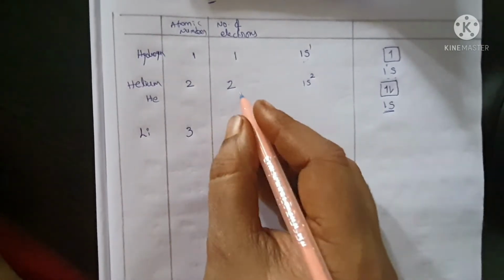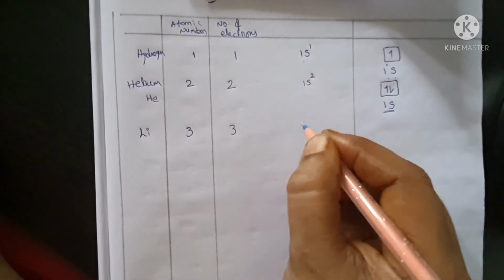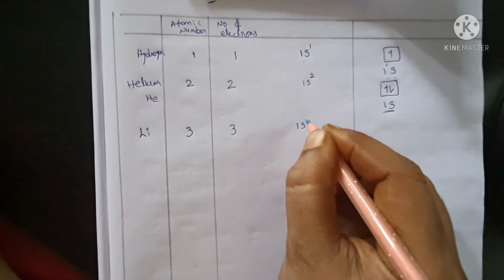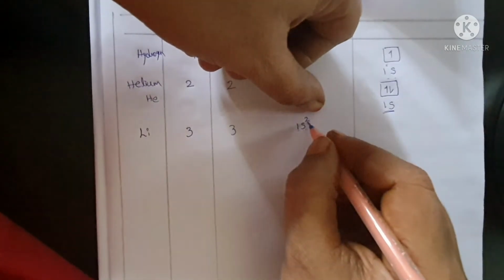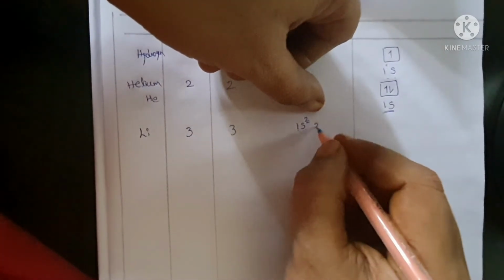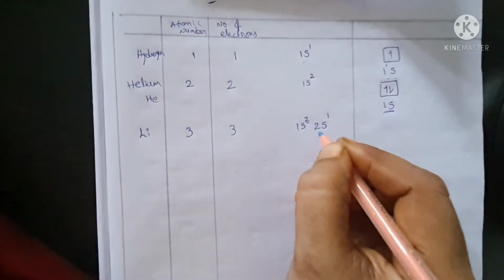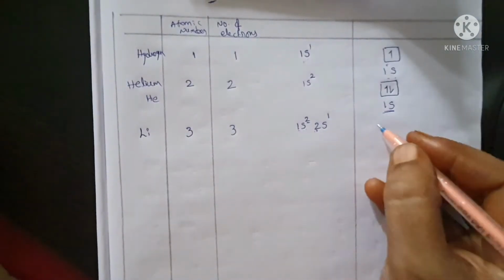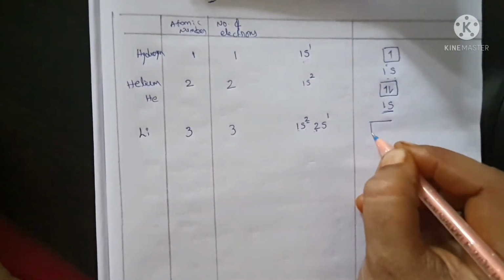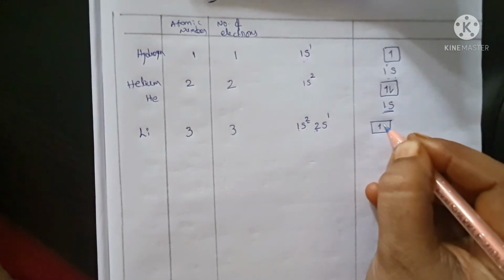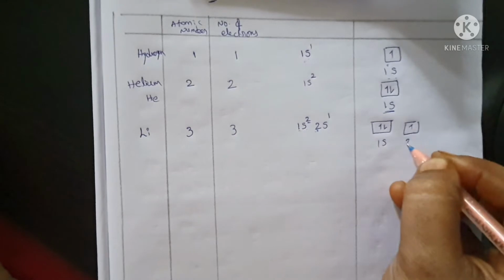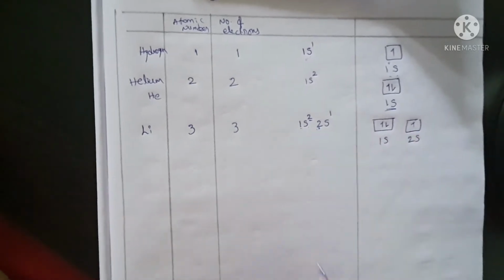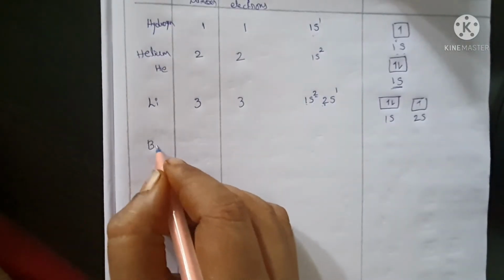The next is lithium, Li. Atomic number is 3, number of electrons is 3. So in 1s there are 2 electrons, and the other entering electron is in the second shell, that is 2s. The schematic representation is like this: 1s2, 2s1. Next is beryllium.